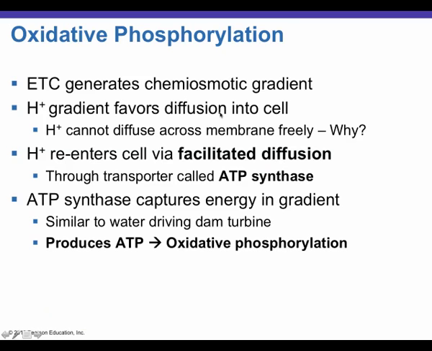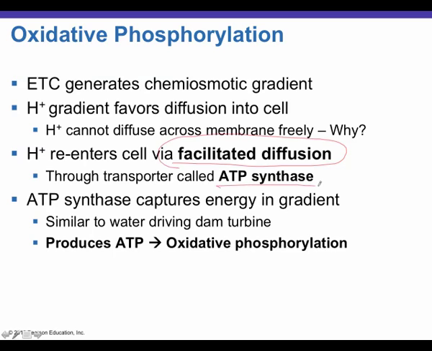So let's look at what we've just done. Our electron transport chain, all the energy in the glucose that we've eaten generates this chemiosmotic gradient. Now, this gradient wants to flow into the cell, but cannot. But we can let it. And we can do it via facilitated diffusion. Remember, allowing diffusion through a transport protein.